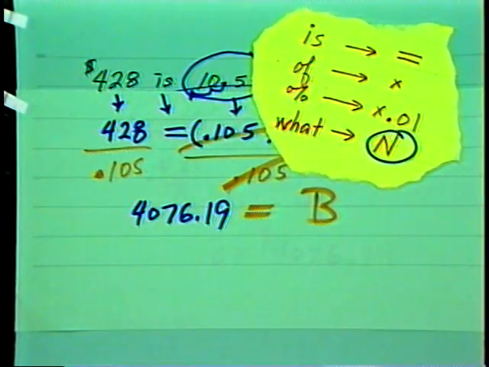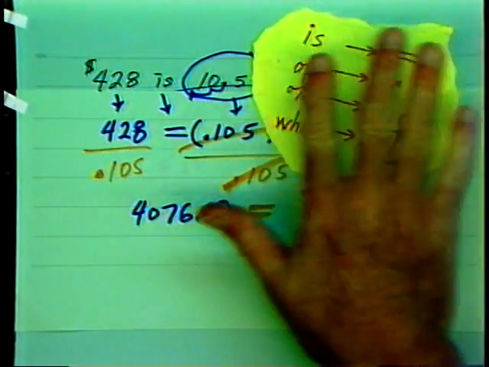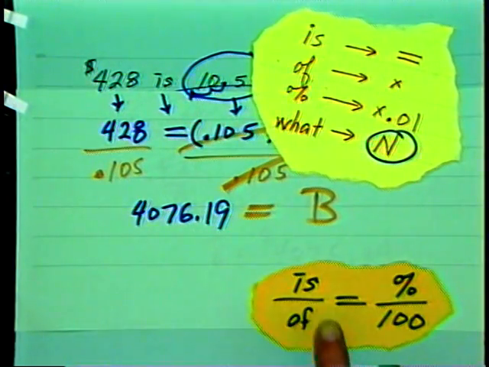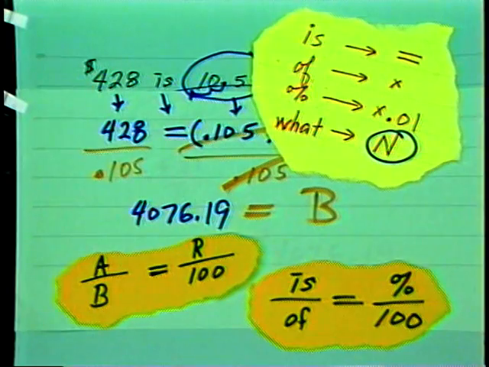There, just from watching this single lesson, are you beginning to feel a preference? Do you prefer the translation method, or are you one of the students who are beginning to prefer the is over of formula, which of course has an alternate form, the amount base rate formula?